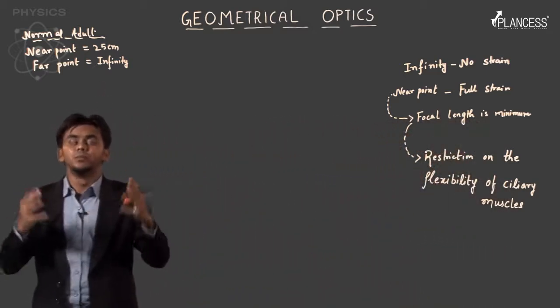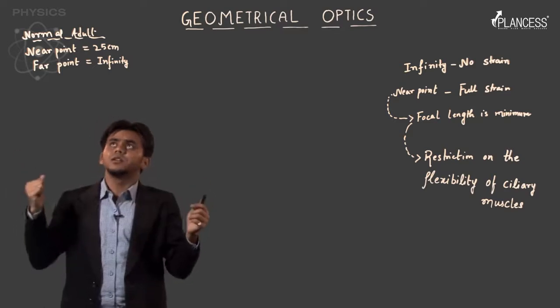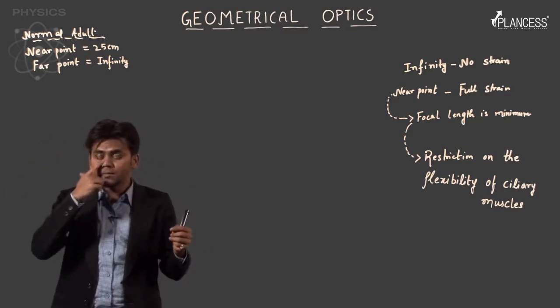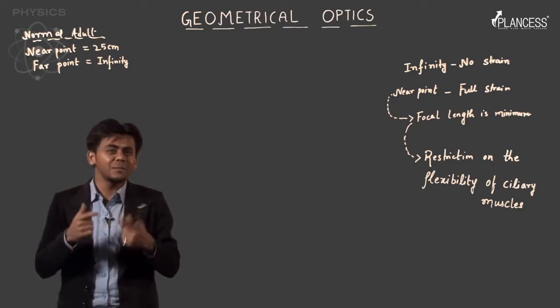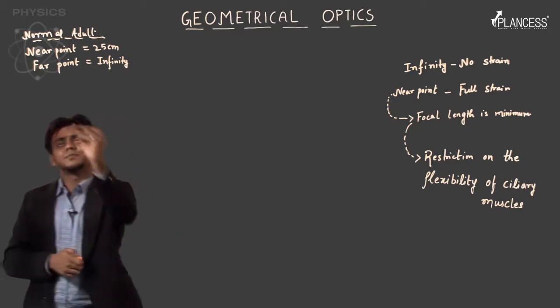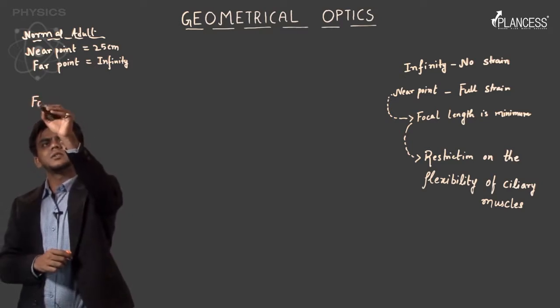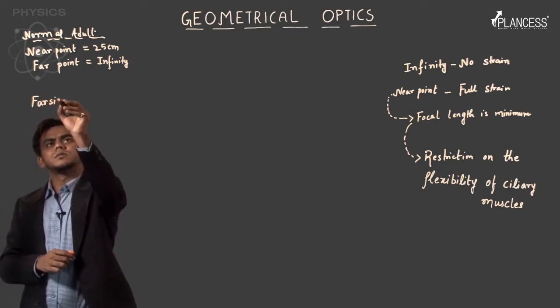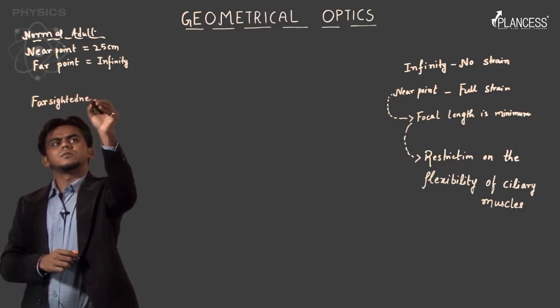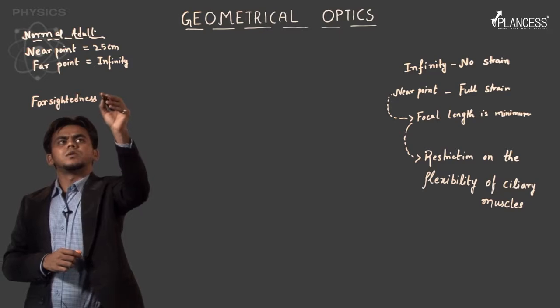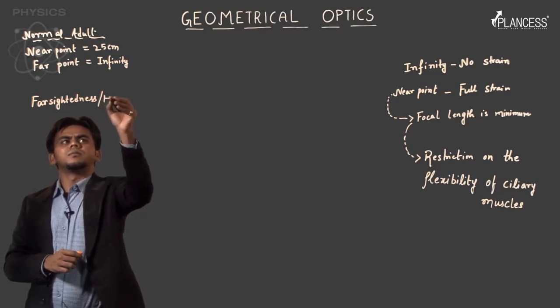It could get more than 25 centimeters. Under this situation, I won't be able to see objects closer to me. Now that becomes farsightedness or hypermetropia.